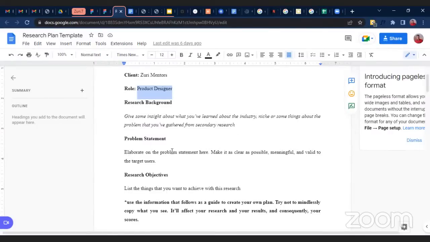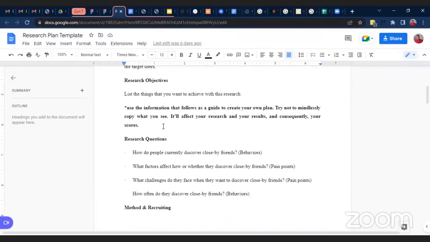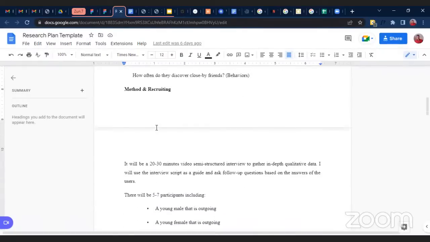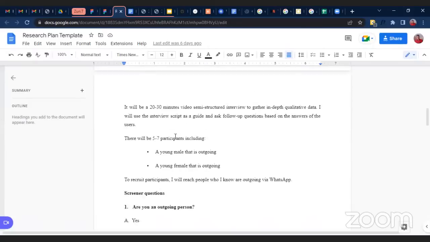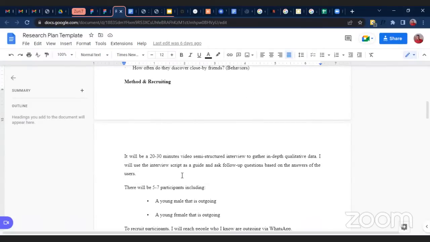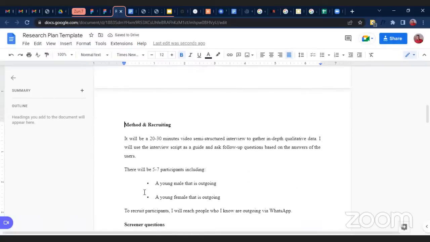So I said, elaborate on the problem statement here, make it as clear as possible, meaningful, and valid to the target users. And then your research objective, we talked about that, and then research questions, and then your screener survey, your ideal, how we are going to recruit. So what you want to do is duplicate this document and then make it your own.